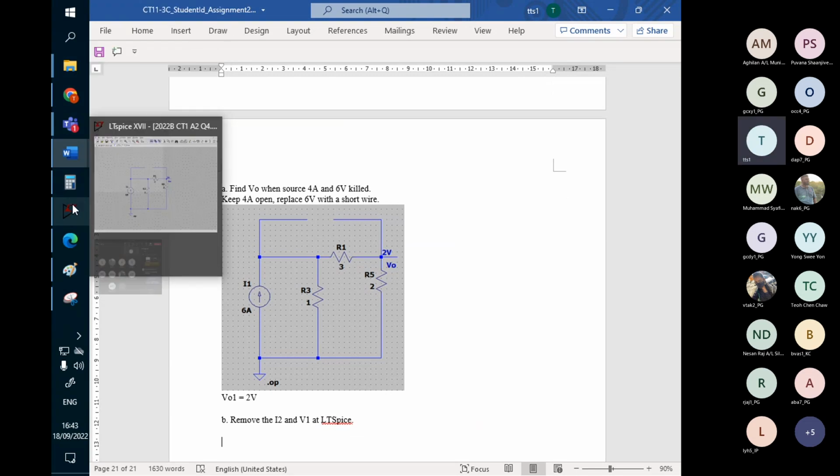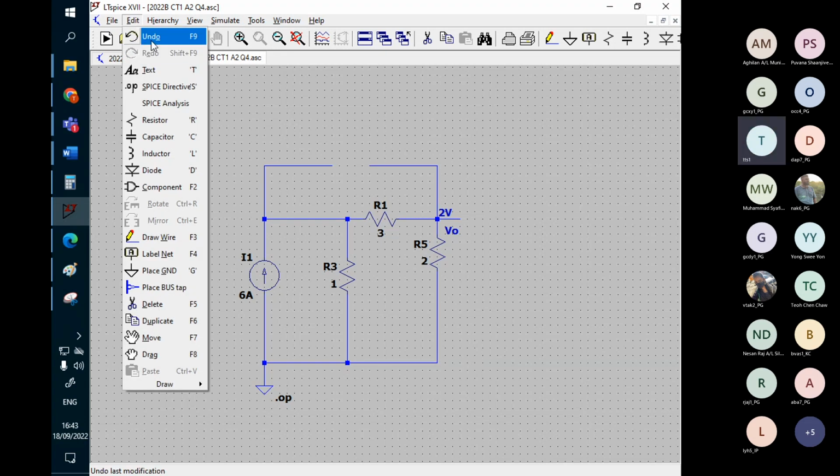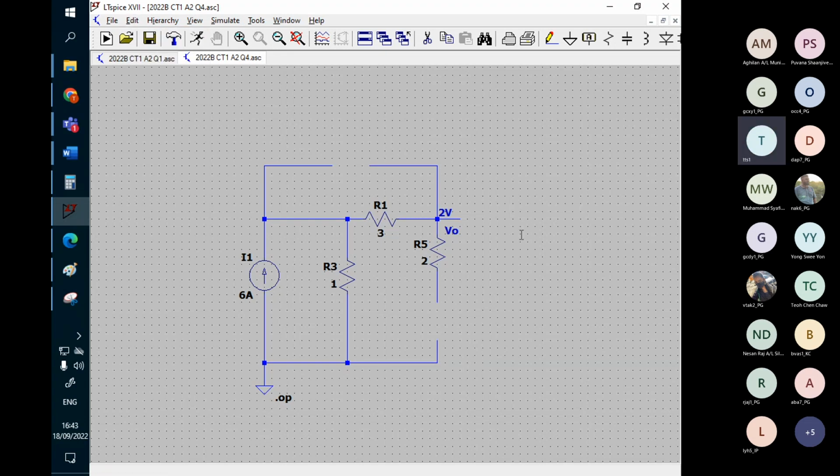So we come back here again. We need to recover back, right? Let's see if Control Z can recover back or not. Let's see if we can undo it. F9, undo. Okay, now we're back to the original circuit.